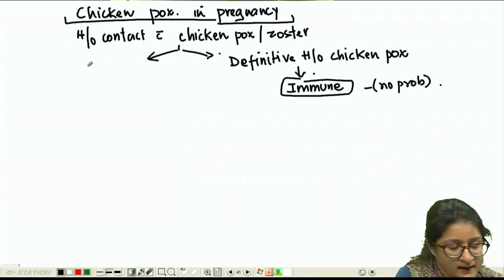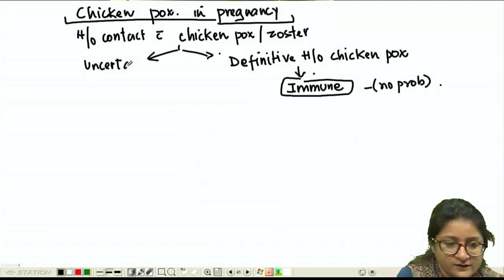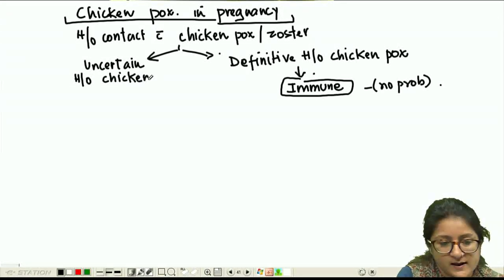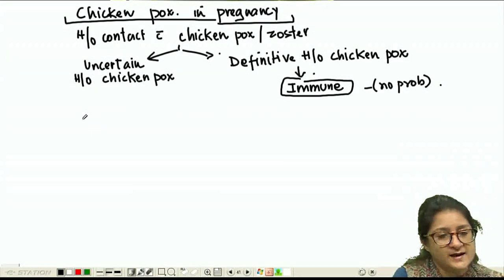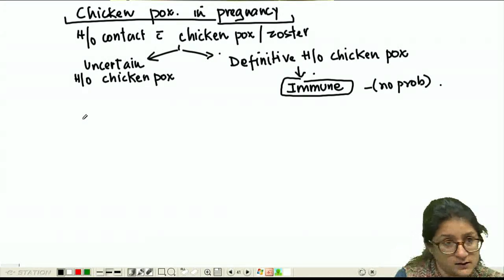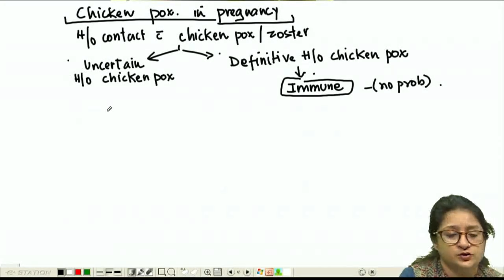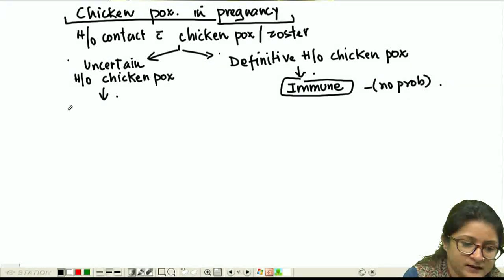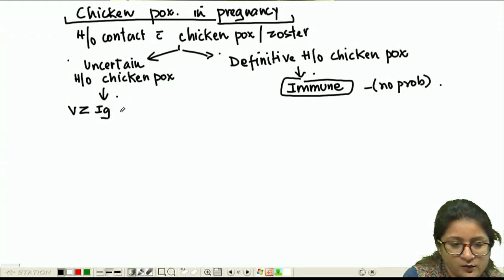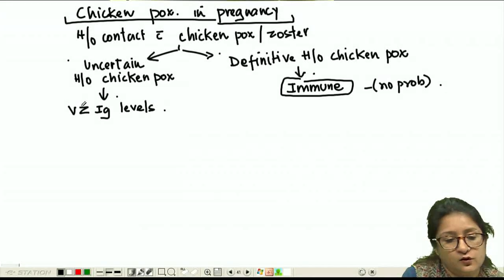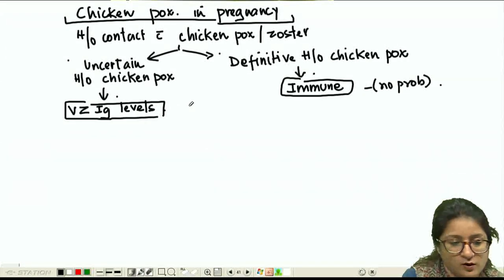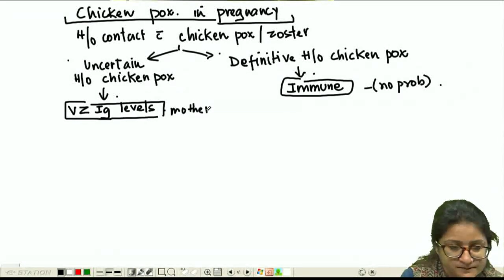However, if there is uncertain history of chickenpox, she is not sure whether she has had chickenpox or not, or she has had a certain rash which she is not certain was chickenpox. It happened way back in childhood. So whenever there is uncertain history of chickenpox, we go for the varicella zoster immunoglobulin levels in the mother.